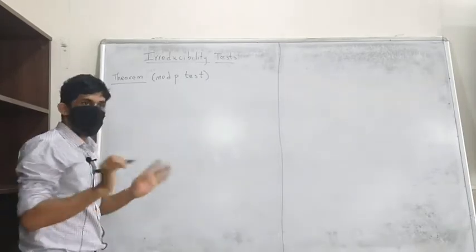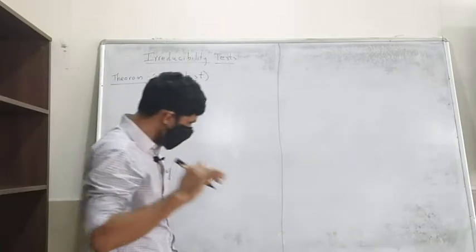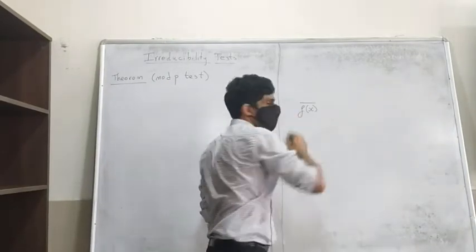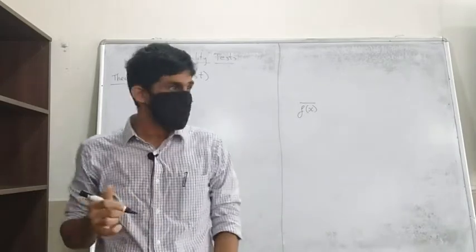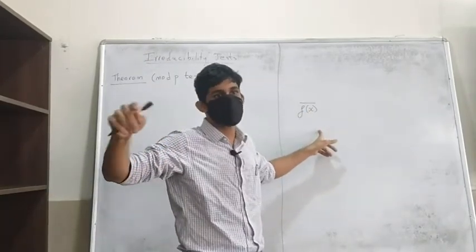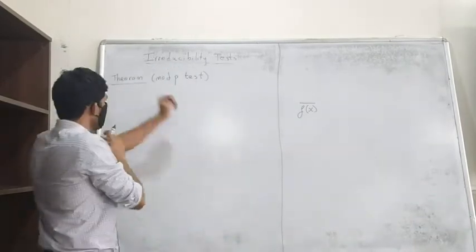The test is very simple. By this polynomial, what I will mean is the polynomial attained by reducing each of the coefficients down mod P. So that's what we are going to look for.